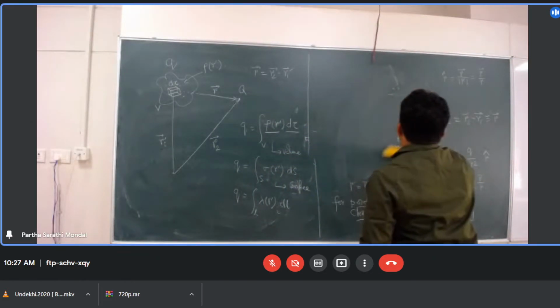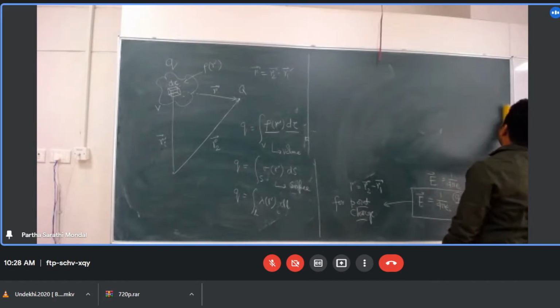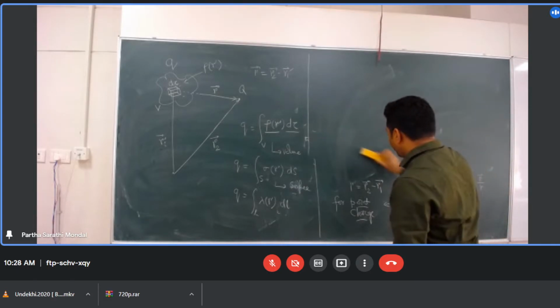So we will replace this one, which will give you the expression for the electric field for extended charge distribution, not for point charge.